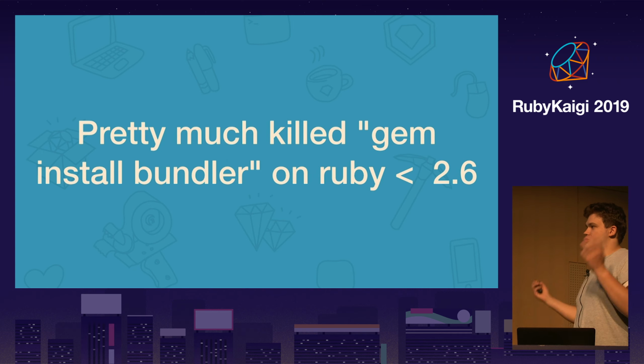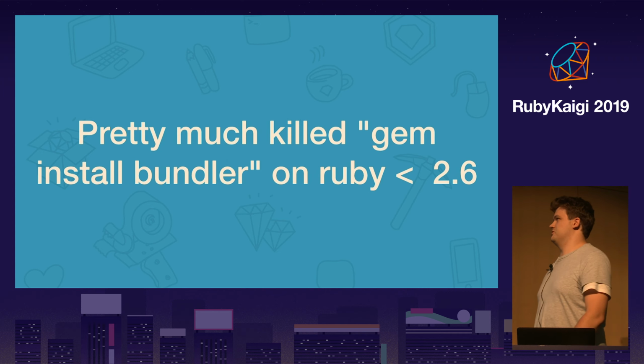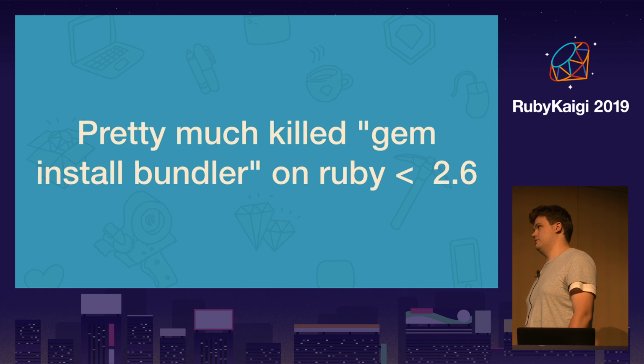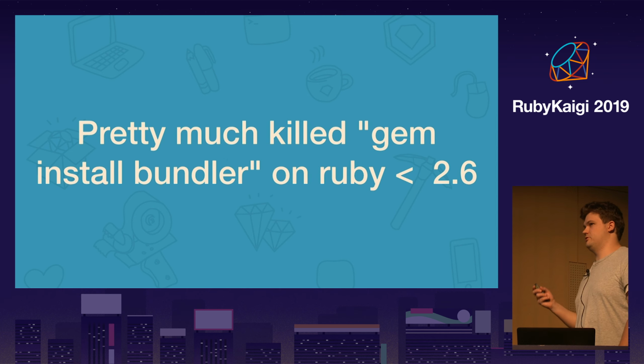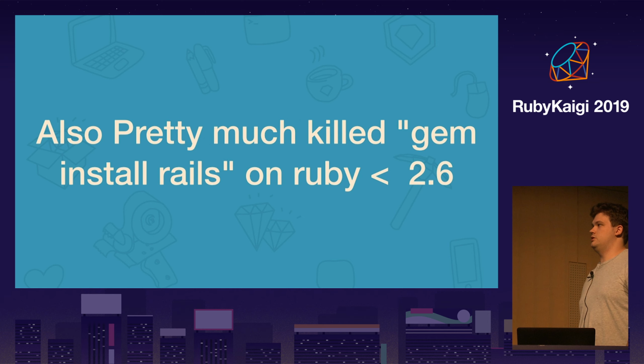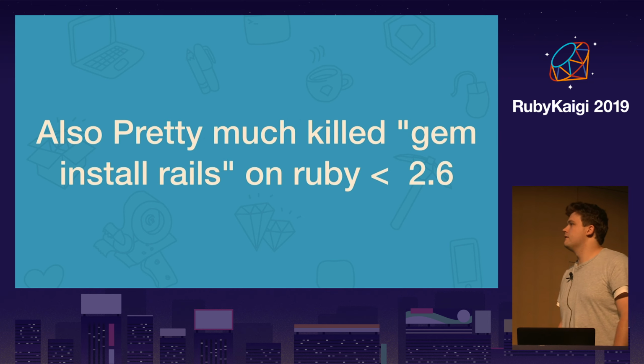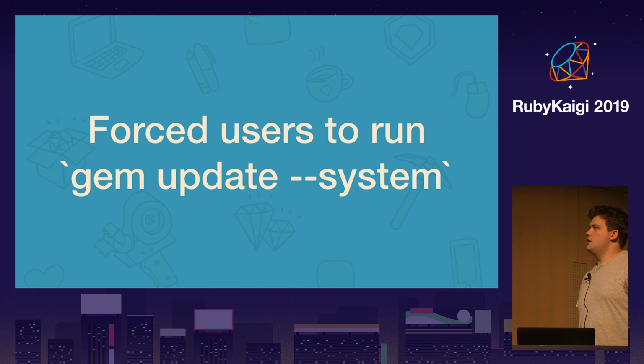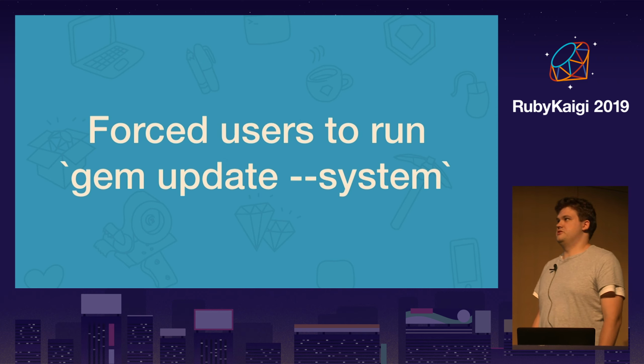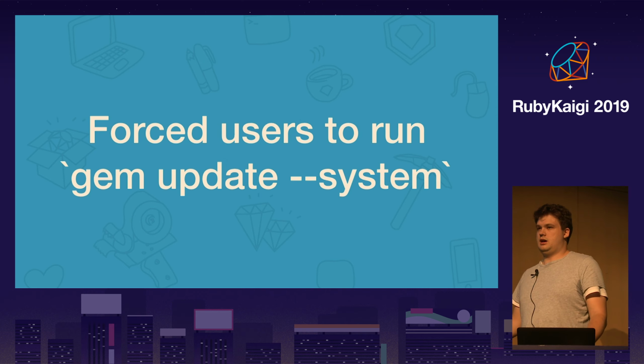We killed pretty much gem install bundler on anything that wasn't Ruby 2.6 or RubyGems 3. We also killed gem install Rails on pretty much the same thing, and we basically forced users to gem update RubyGems.